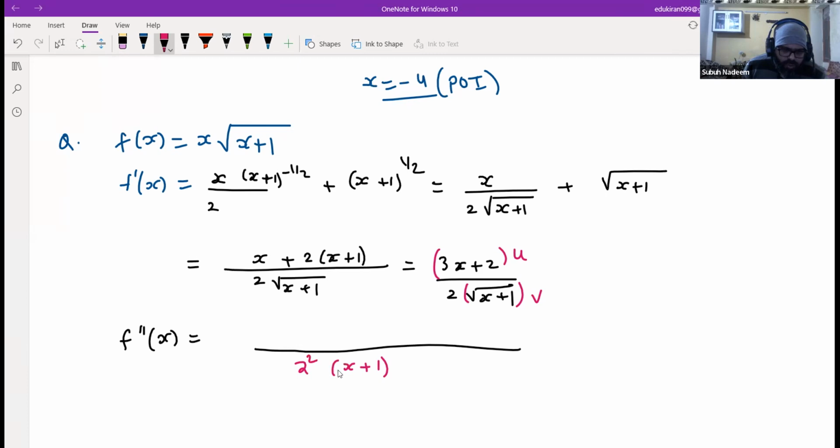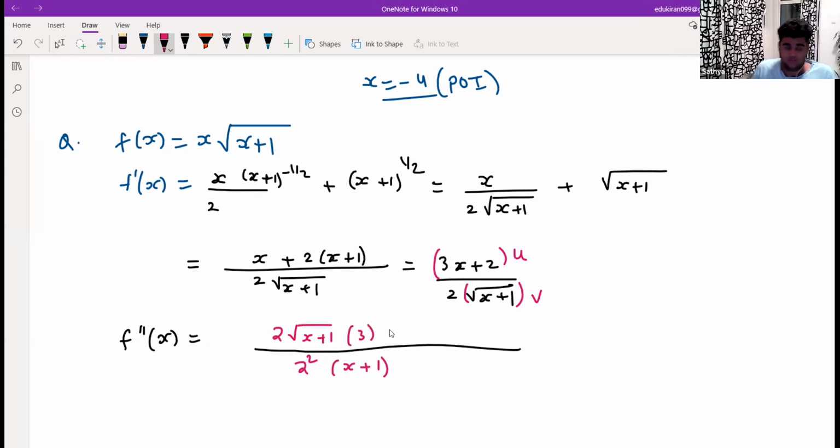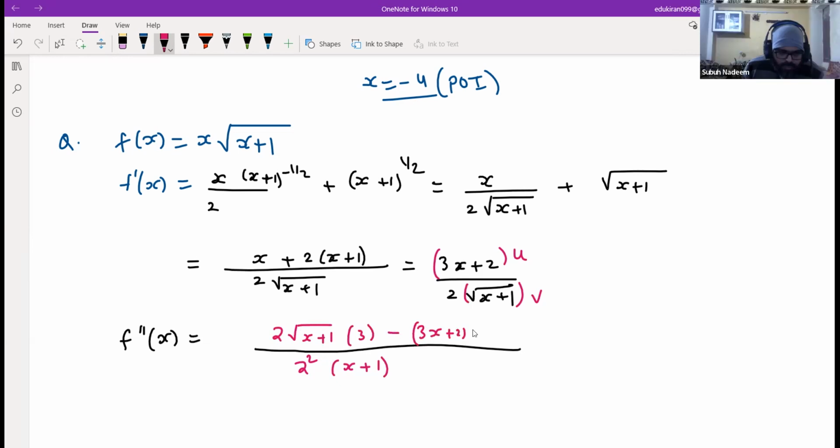Have you done whole square on 2 also in the denominator? Yes, sir. Okay, then it is fine. So then 2 root over x plus 1 into 3, minus 3x plus 2, into 2 root x plus 1 into 2 root x plus 1, in the numerator or in the denominator?